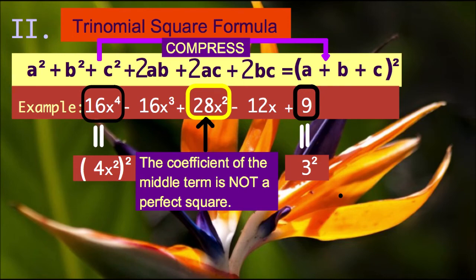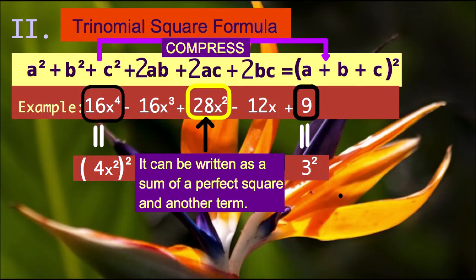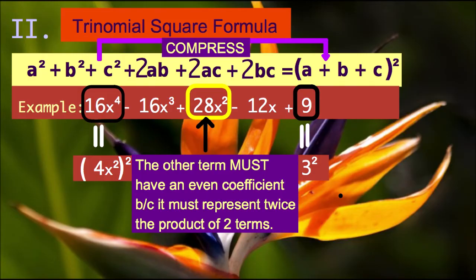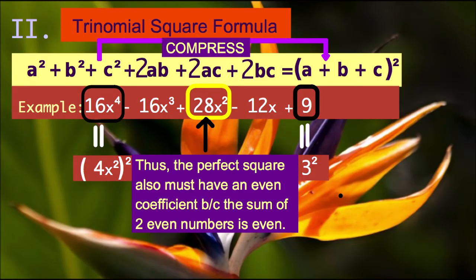The coefficient of the middle term is not a perfect square. It can be written as the sum of a perfect square and another term. The other term must have an even coefficient because it represents twice the product of two terms. Thus, the perfect square also must have an even coefficient because the sum of two even numbers is even.